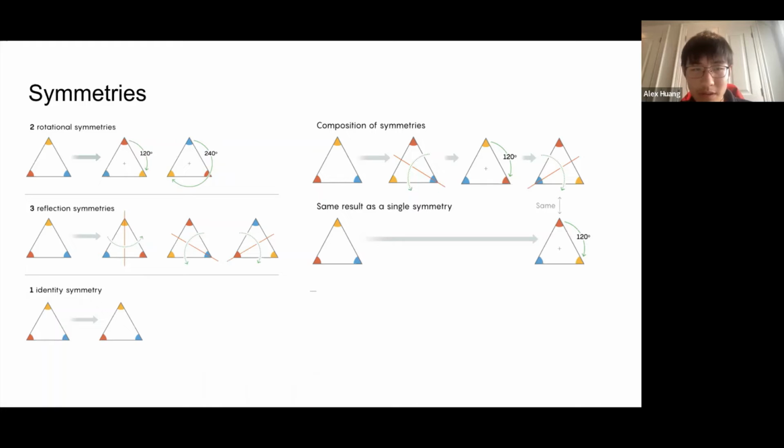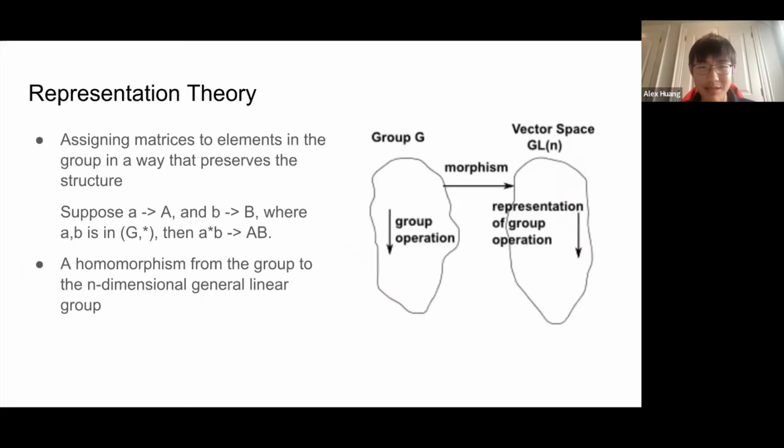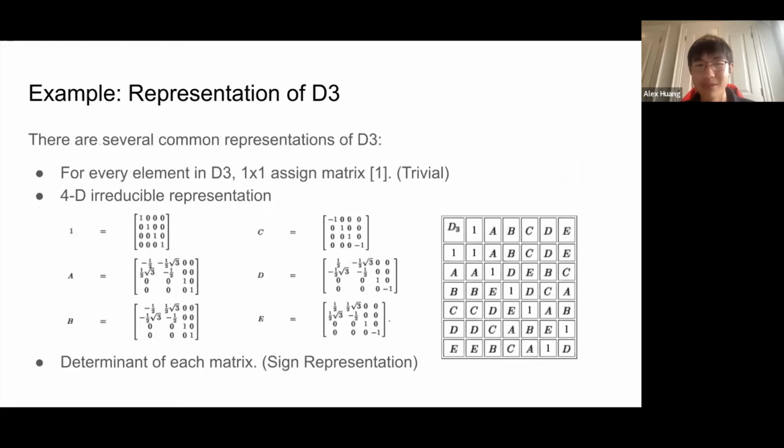And the product of these two matrices is 1 times 1, which is also 1, and the result of the composition of rotating 120 degrees and 240 degrees is simply rotating 360 degrees, which is the identity symmetry, which corresponds to 1. So 1 times 1 equals 1, basically.